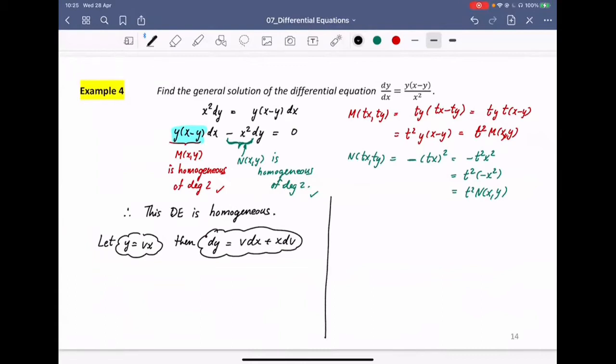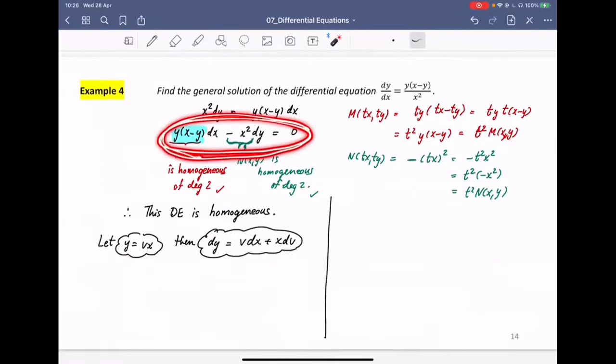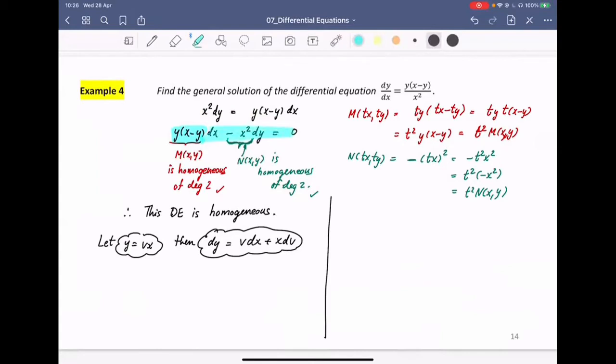Let's look at the equation I have circled here. I'm going to replace y by vx, and I'm going to replace dy by v dx plus x dv.